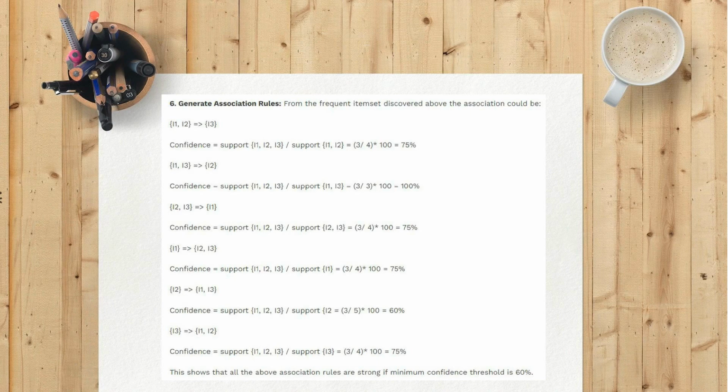I3 implies I1, I2. Confidence equals support I1, I2, I3 divided by support I3 equals 3 divided by 4 multiplied by 100 equals 75%. This shows that all the above association rules are strong if the minimum confidence threshold is 60%.